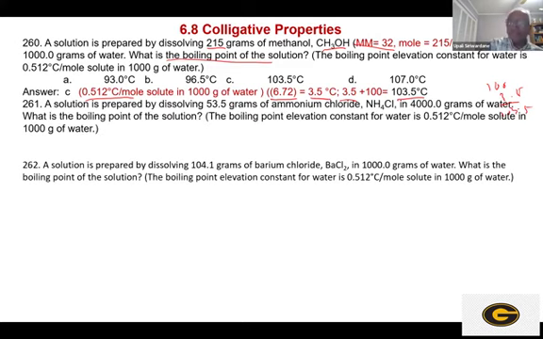The next solution is a similar problem. Milligrams, 400 grams of water. What is the boiling point? We have done a calculation like that.